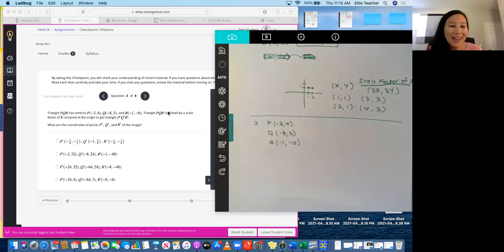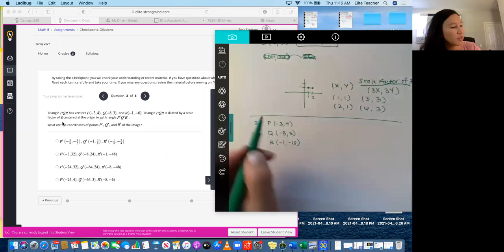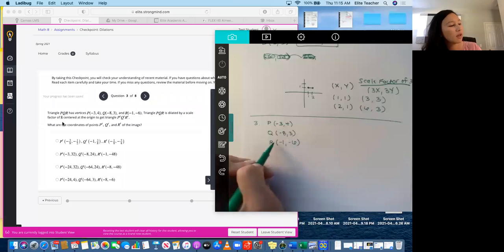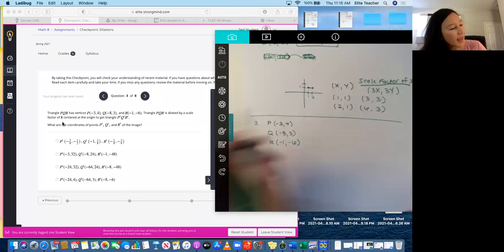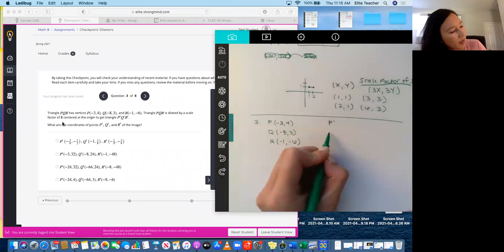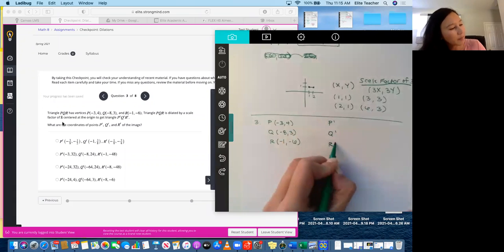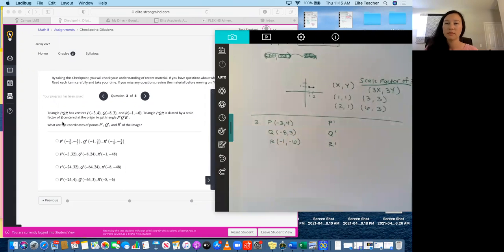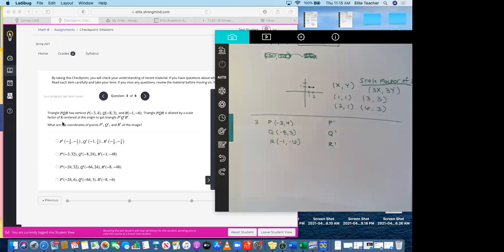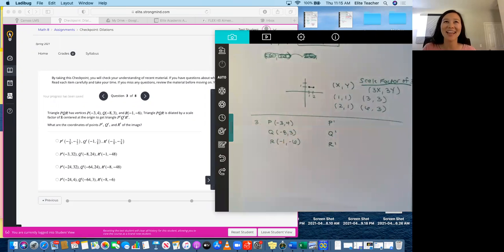So if we're going to dilate it by a scale factor of 8, what are we going to do to each of these points? How are we going to get P prime, Q prime, and R prime? What do we need to multiply by? You can send it to me in the chat if you don't want to say it.